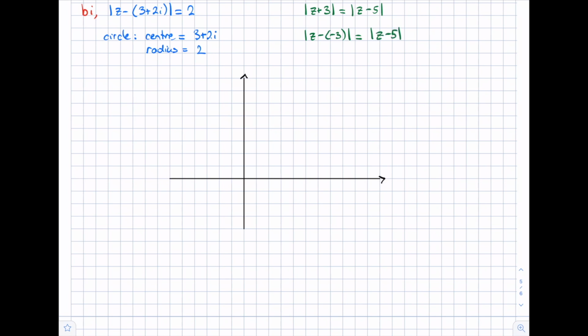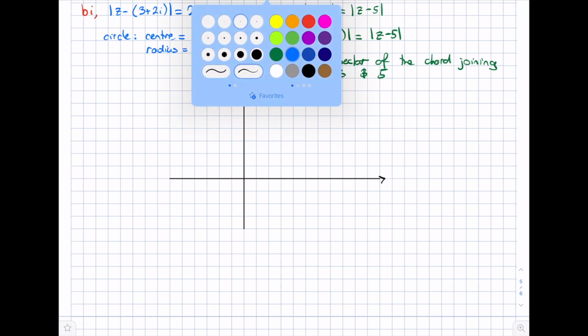And so now we know that this is the perpendicular bisector of the chord which joins these two complex numbers, minus 3 and 5. So of the chord joining negative 3 and 5. Cool. Let's put this now onto our diagram.